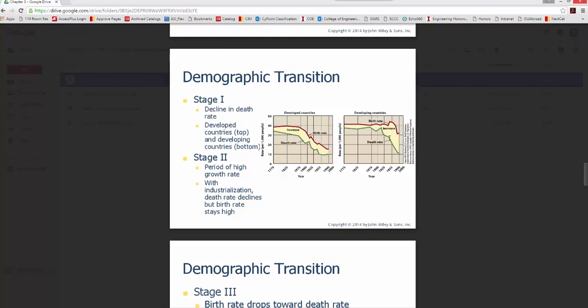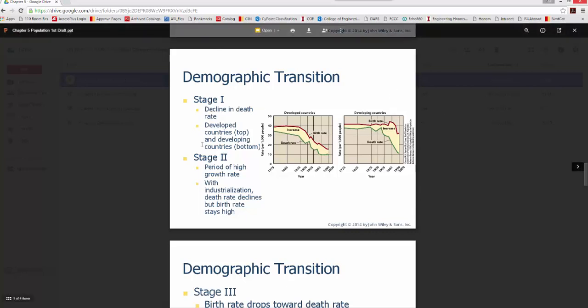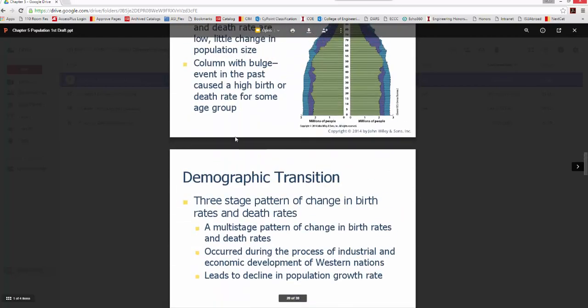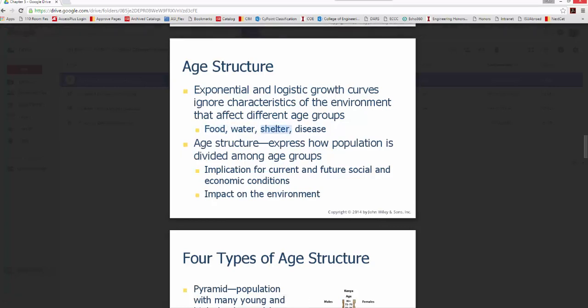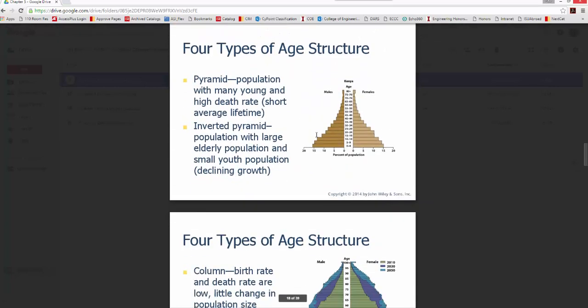But any idea why the death rate dropped off dramatically in the early 1900s? Now this is in developing countries. Well, part of it may have to do with, recall, we talked about resources that could impact. We talk about food, water, shelter, diseases.